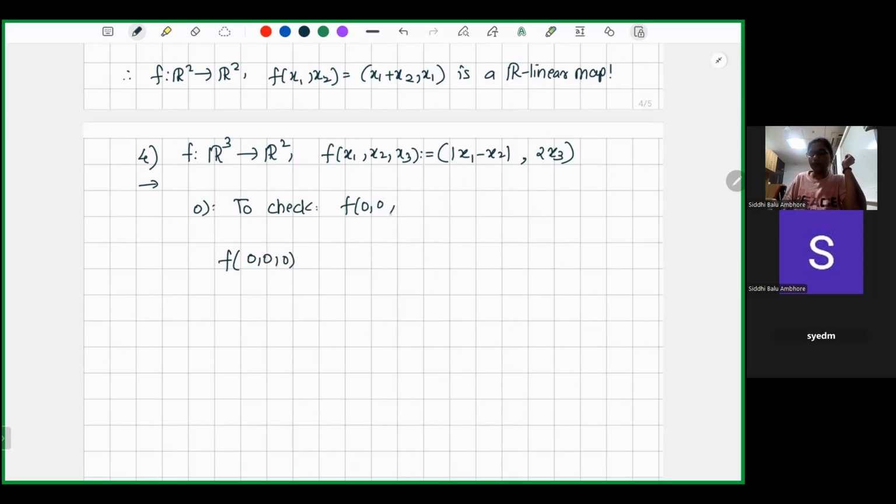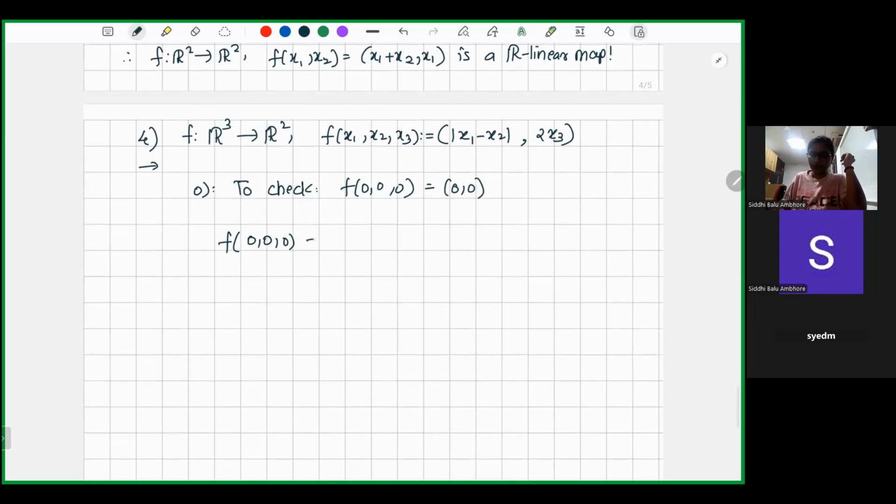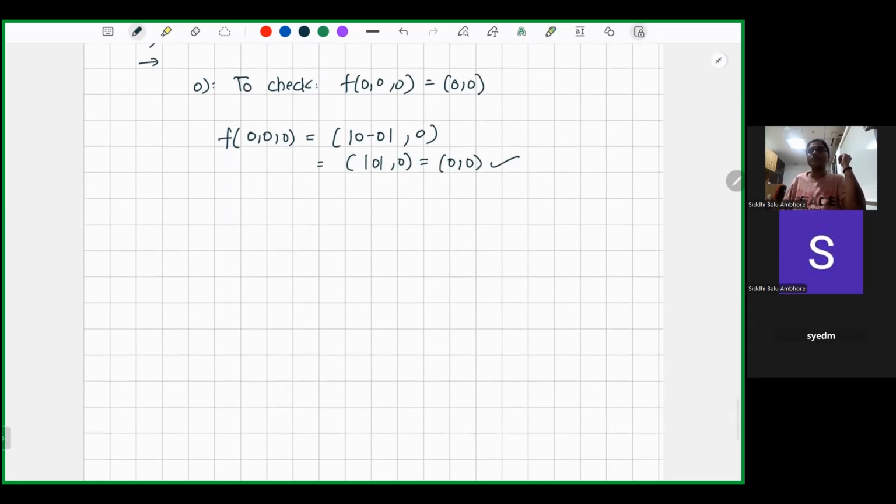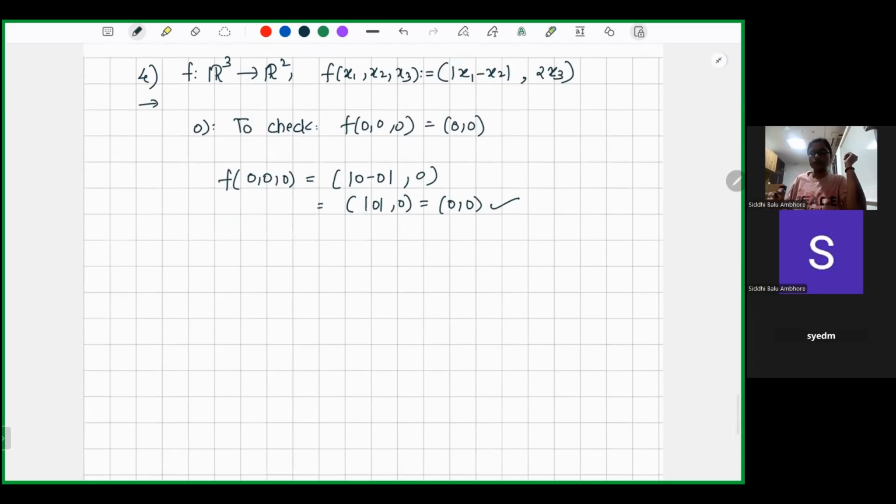So here we are working with R3, so 0 0 0 is in R3. And this is equal to mod of 0 minus 0 comma 0. So this is anyway mod of 0, which is 0, so this is 0 comma 0. So that is satisfied, and we are okay.